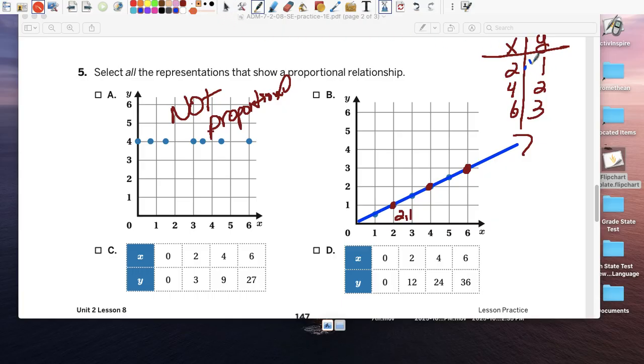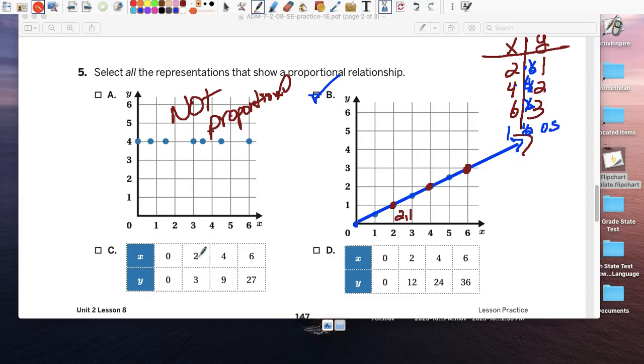It would be times a half, times a half, times a half. Where's your unit rate? You can create one here. 1 times a half would be 0.5 or a half. Because we don't have a context, I'll just leave it at that. Is it the same constant proportionality for each ordered pair? Yes, it is. Straight line? Yes. Goes through 0, 0? Yes. This one is definitely a check.